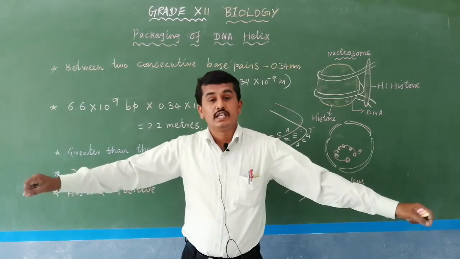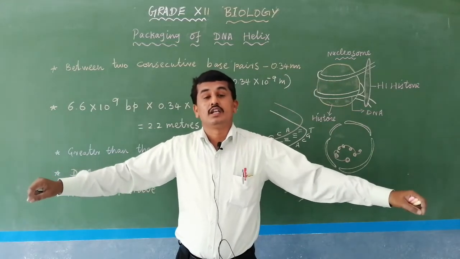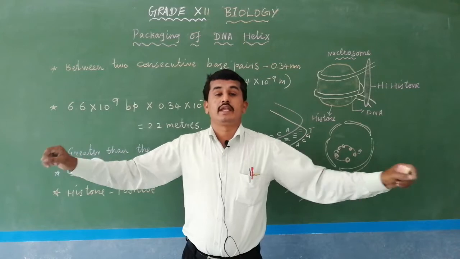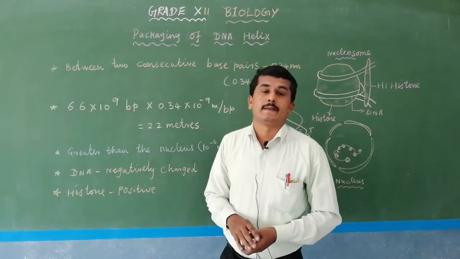The DNA length of one human cell, when separated with some technology, is approximately 2.2 meters.